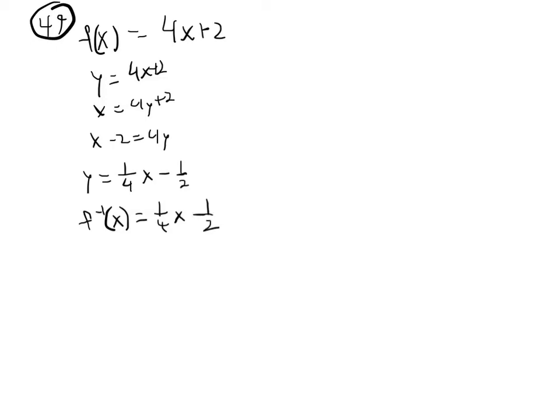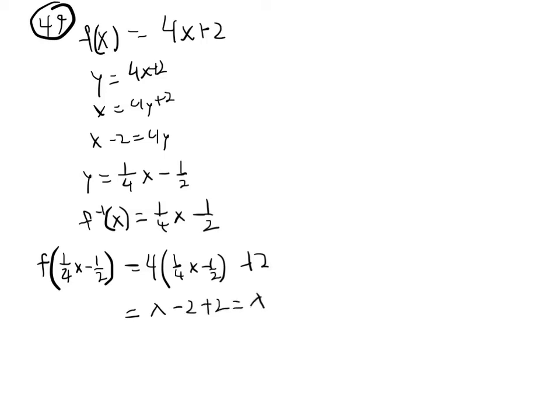So we want to check our answer. We're going to say f of 1/4 x minus a half, or 4 times 1/4 x minus a half, plus 2. So that equals x minus 2 plus 2, which equals x. Check. Then we have to do the other way.